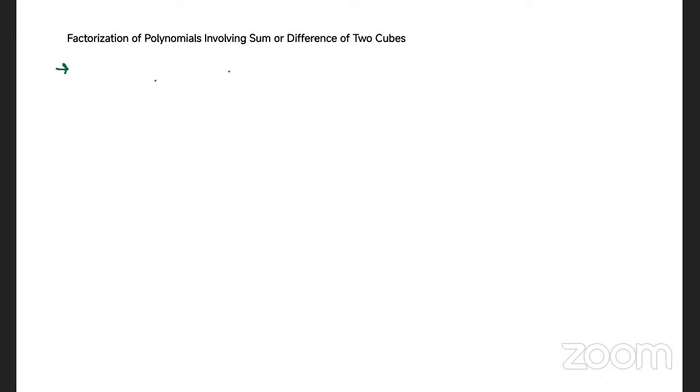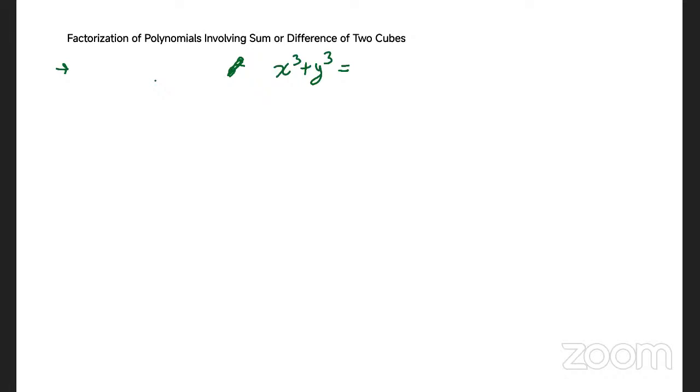So first of all, you should know this property of x cube plus y cube. Anna, do you know what is the property of x cube plus y cube?